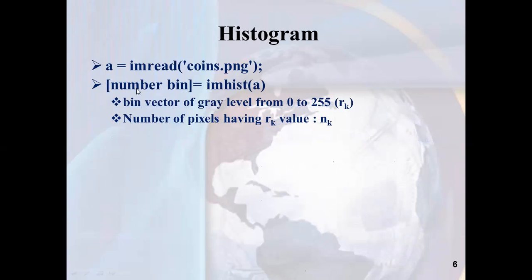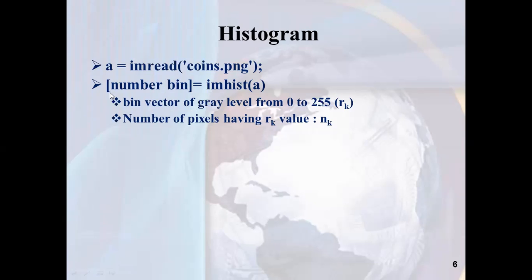Also, rather than just plotting the image histogram, we can take the numbers and bins from the image histogram, which give me the number of gray levels present in the image, between 0 and 255, and the number of pixels for each value. So by writing the counts and bins equal to the image histogram, it gives me two vectors. The first vector, the bin vector, represents the values that are present in the image, which means from 0 to 255 if all the colors are present in the image.